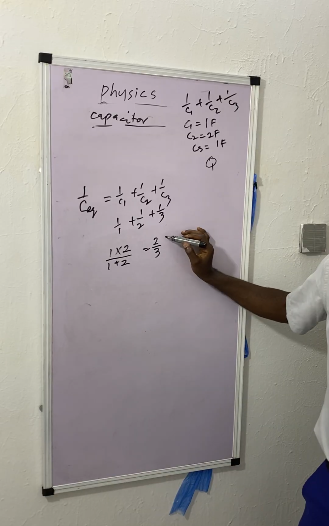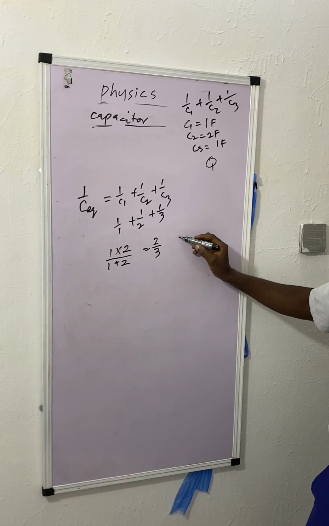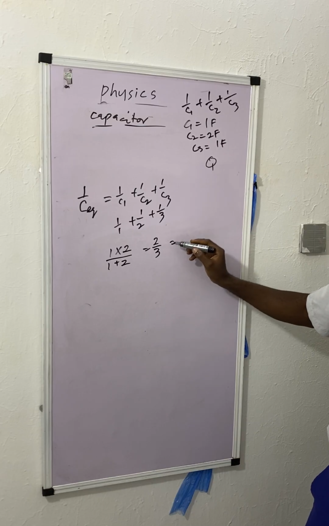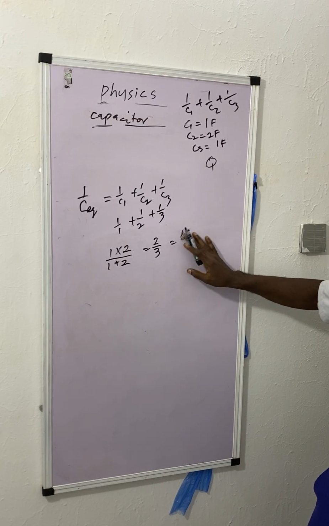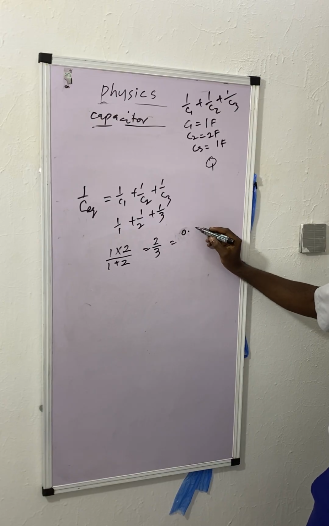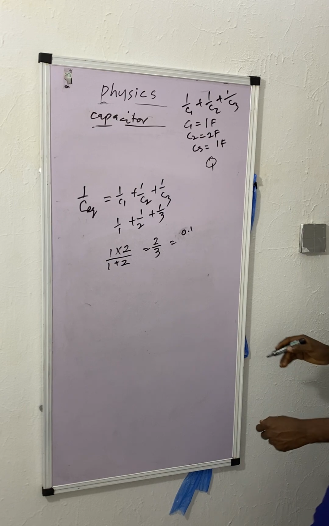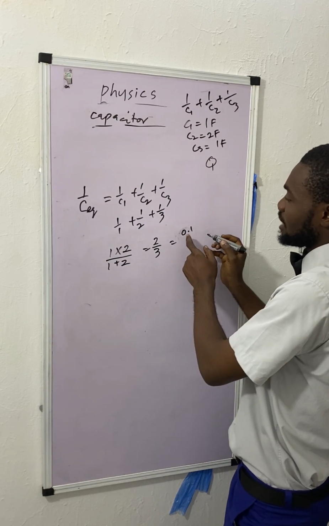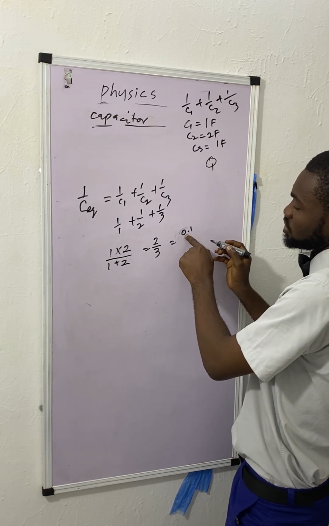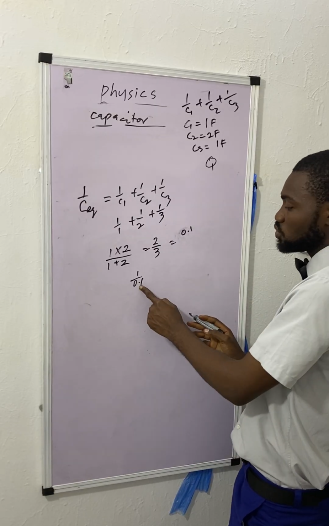All right, so we will now use the answer we get here to do for this one. This one will give us 0.2, then we are now going to have 1 over 0.1, that's how we are going to put it.